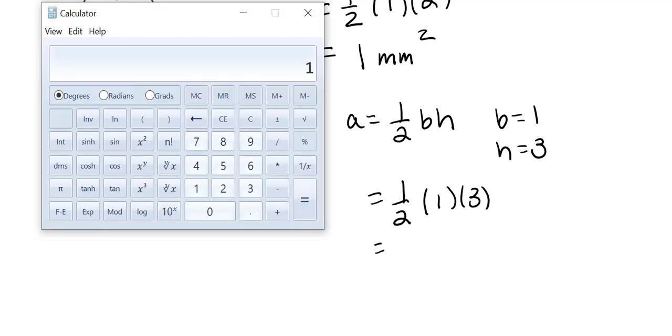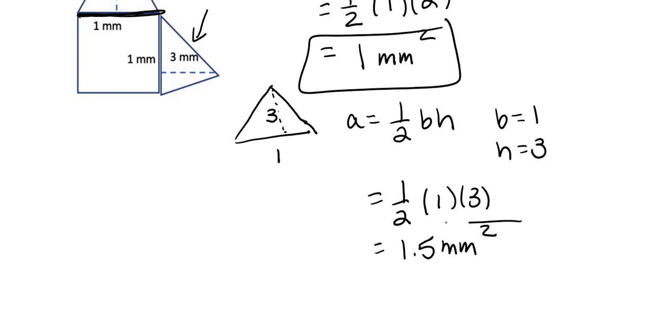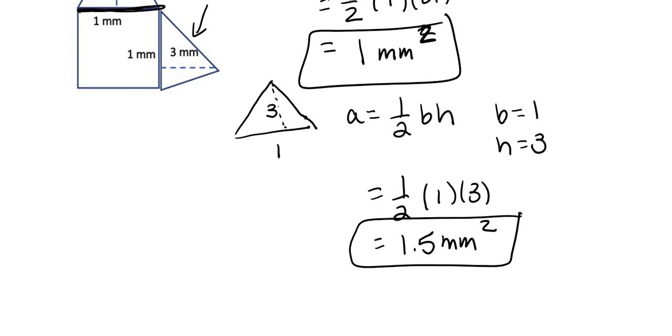We just get our calculators out. 1 divided by 2 is 0.5, times 1, times 3, and we get 1.5 meters squared. I'm going to box those in to understand that we need to add those together eventually.